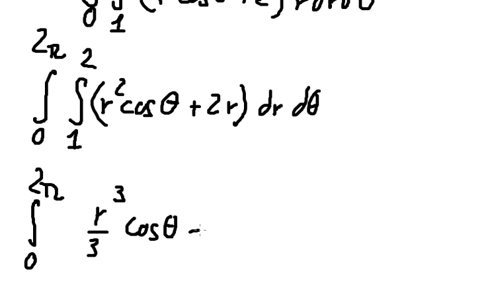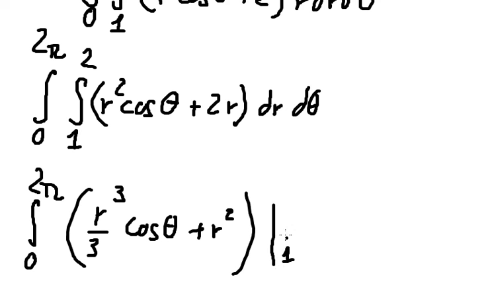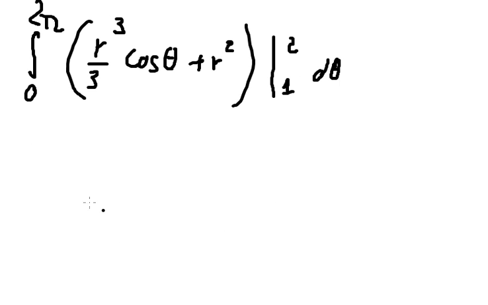This one is r squared. So I will put 2 go in here, 1 go in here.